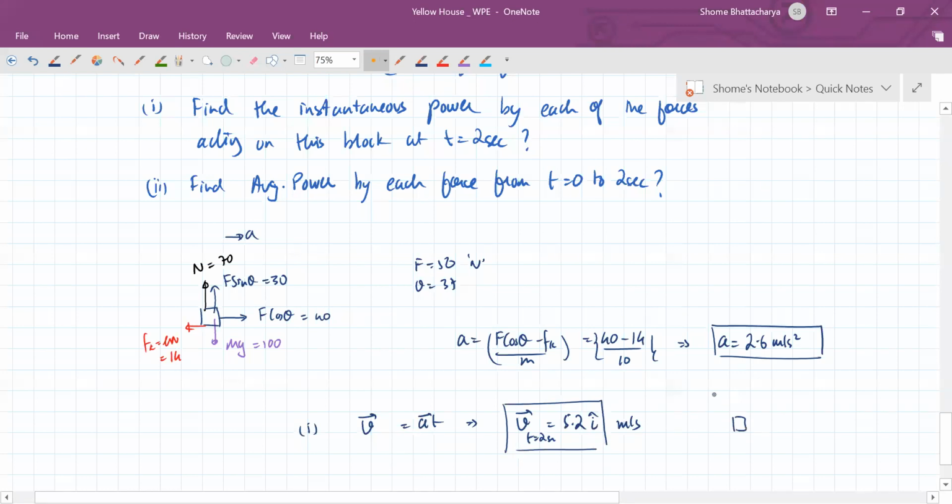So at t equal to 2 seconds, the velocity vector will be like this. It will be 5.2 meters per second. So now you can see all the forces. This is at 37 degrees. Kinetic friction is like this. Normal reaction is like this, and mg is like this. So instantaneous power delivered by each of these forces we can calculate like this.